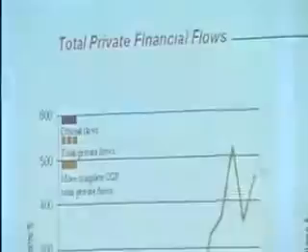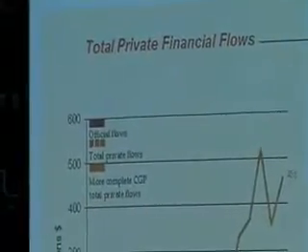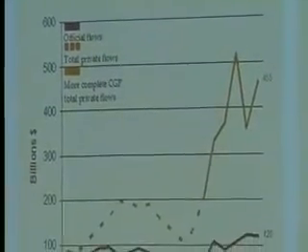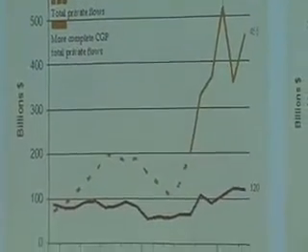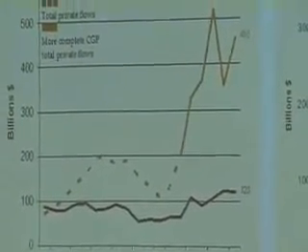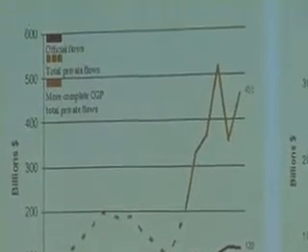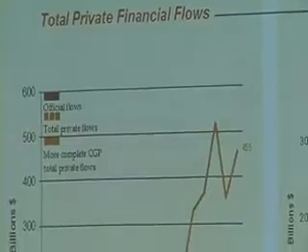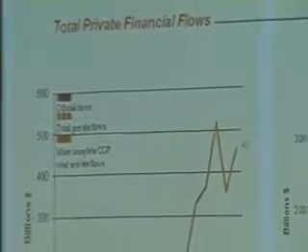This represents all financial flows from developed countries to developing countries from 1990 to 2009, okay? The bottom line, the purple line, is all of the government aid to the developing world. The top line represents a combination of three private flows: philanthropy, remittances, and private capital investment.